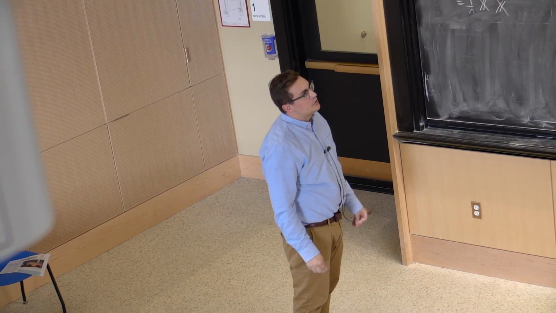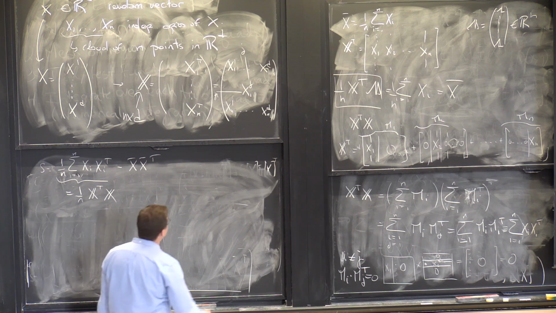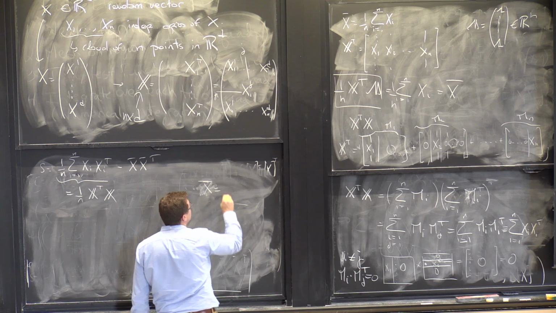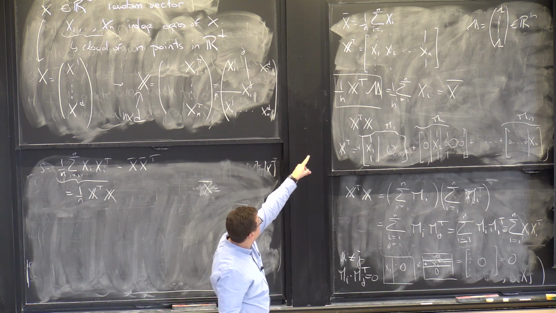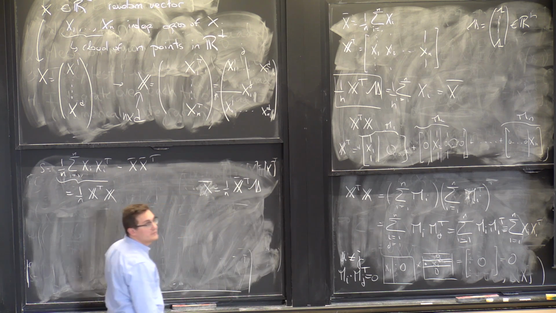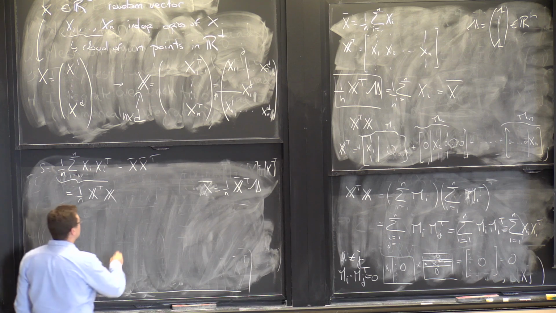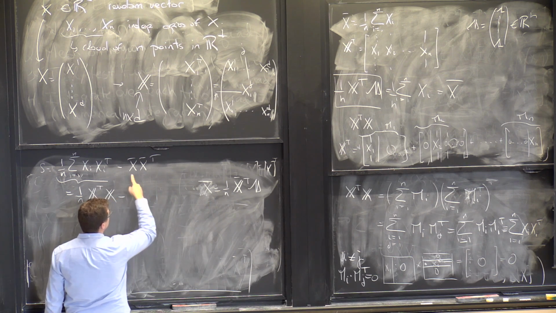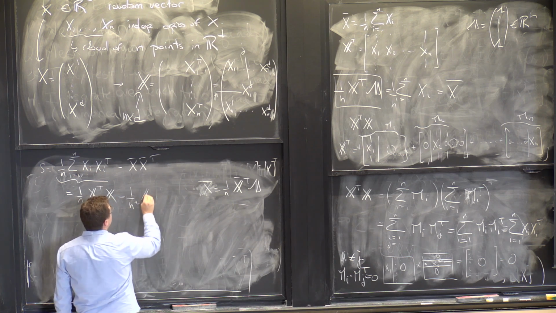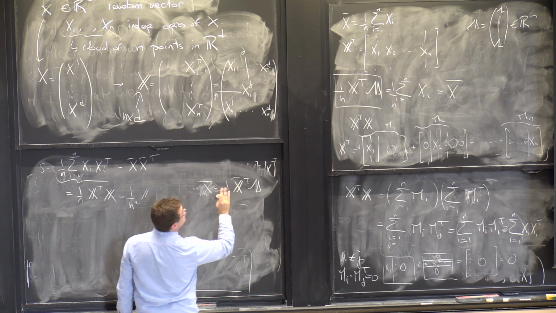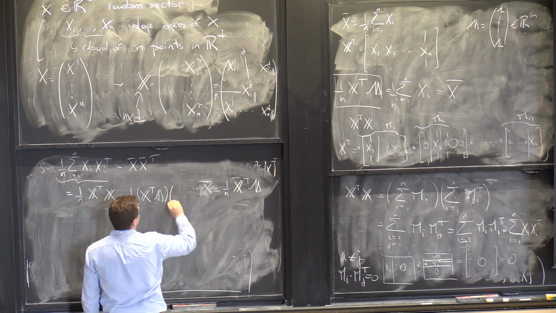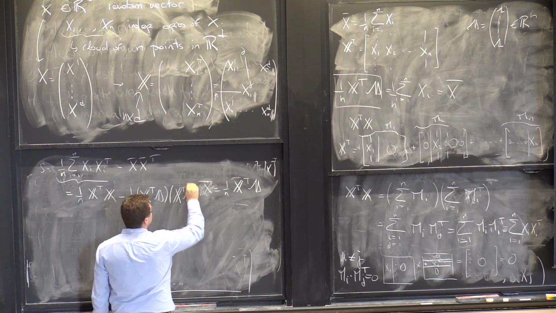And we just proved that little x bar was equal to 1 over n x transpose times the all ones vector. So I'm just going to do that. So that's just going to be minus. I'm going to pull my two 1 over n's, one from this guy, one from this guy, so I'm going to get 1 over n squared. And then I'm going to get x transpose all ones times x transpose all ones, transpose.